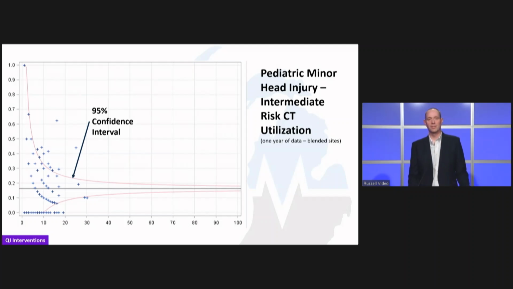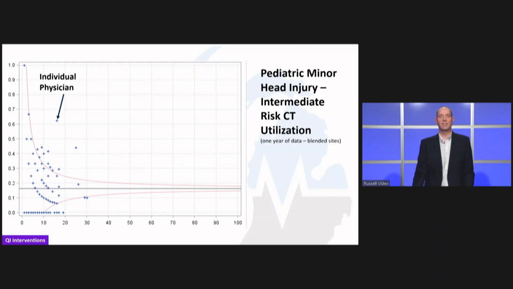Those are the only possibilities. And maybe that's not meaningful for quality improvement on an individual level. So what this is looking at is how reliable your score is relative to the number of patients you're actually seeing. And then each little plus sign here is an individual physician.